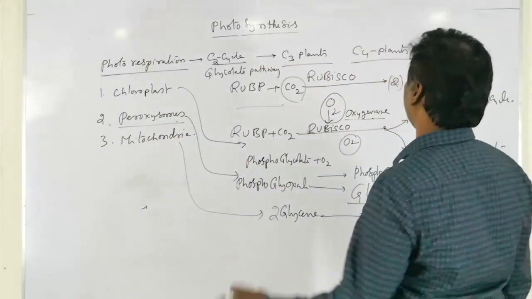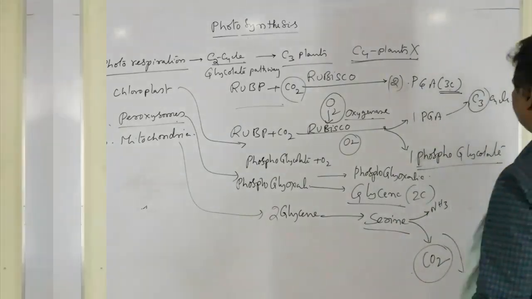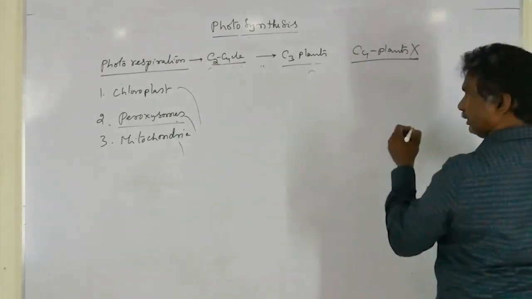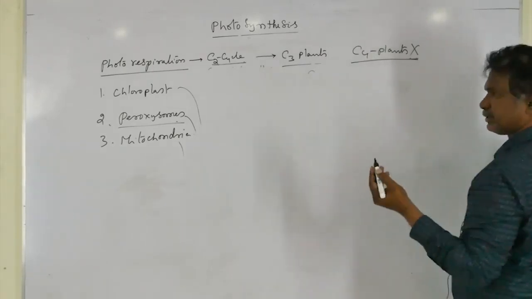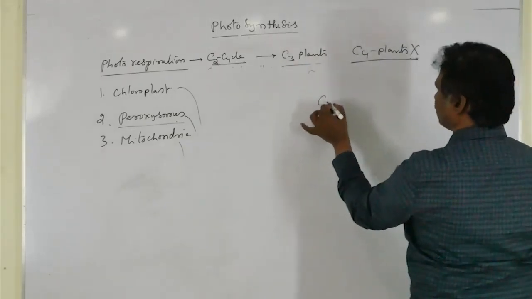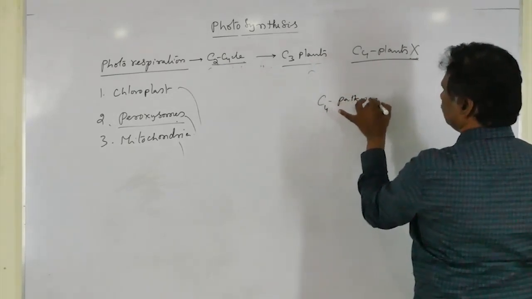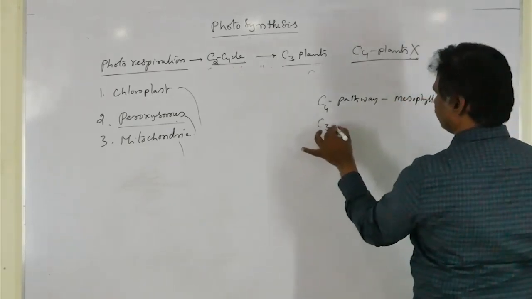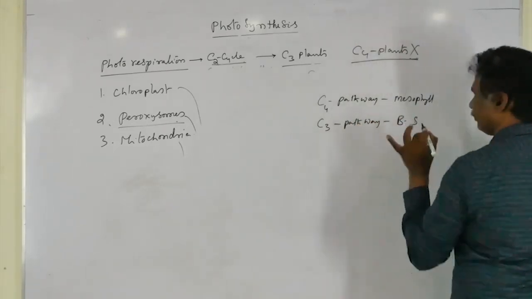This type of photorespiration is absent in C4 plants. How is it possible? Due to the presence of two carbon fixations, the C4 pathway takes place within the mesophyll cells, and the C3 pathway takes place within the bundle sheath cells.